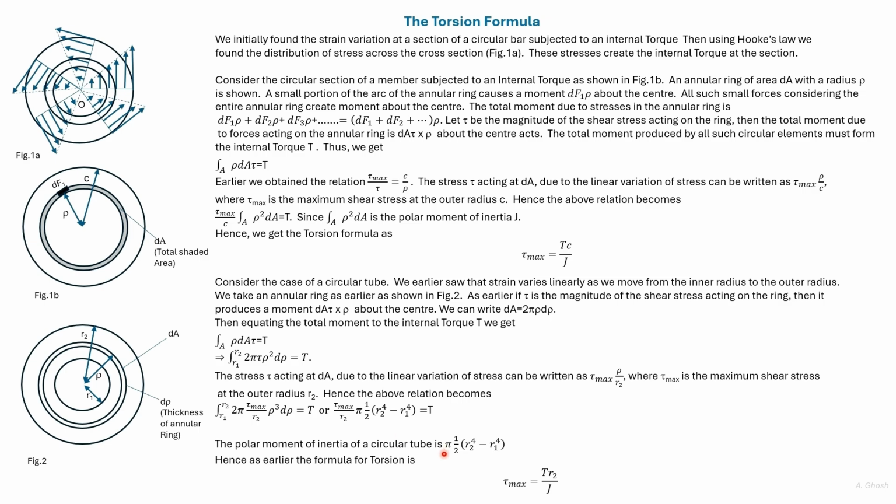Now that part is the polar moment of inertia of a circular tube. So here again we can give tau max as equal to T r2 divided by J, where J is the polar moment of the circular tube and r2 is the outer radius.